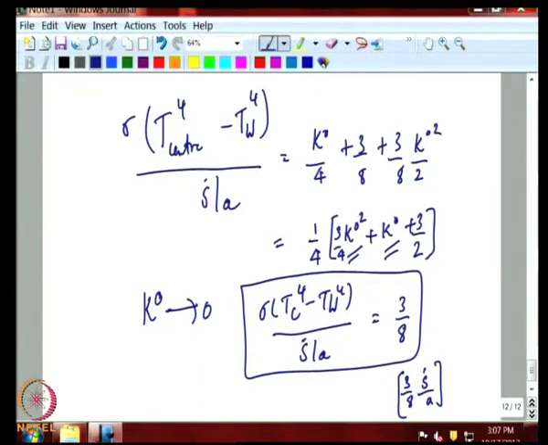If the absorption coefficient is quite small, then the efficiency of transfer becomes quite poor, and hence you need more temperature difference between the center line and the wall.